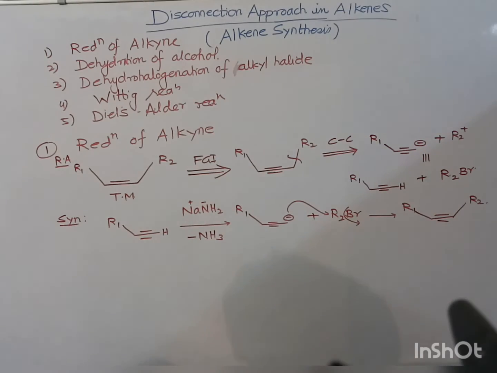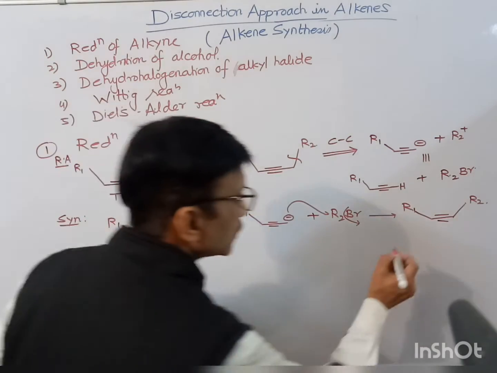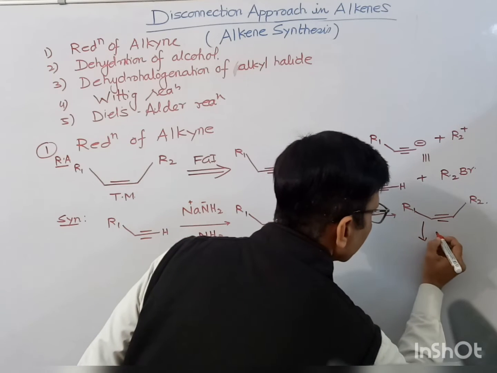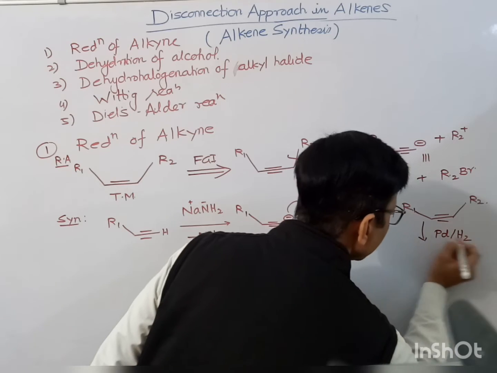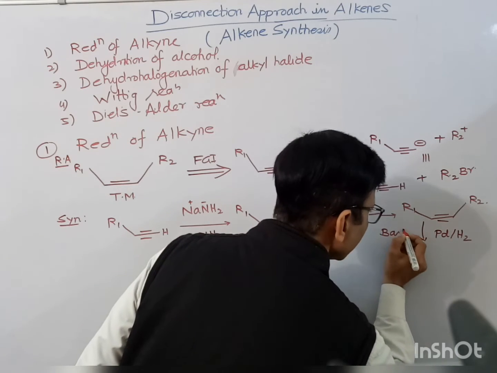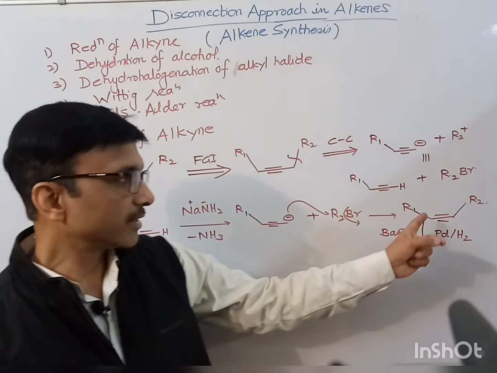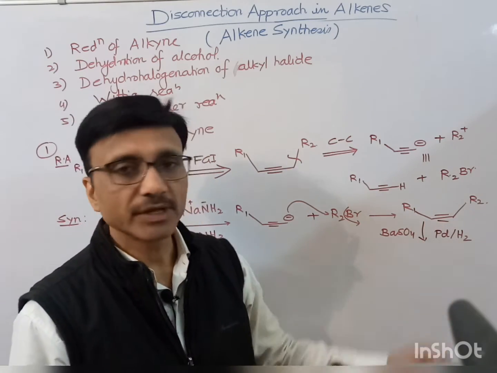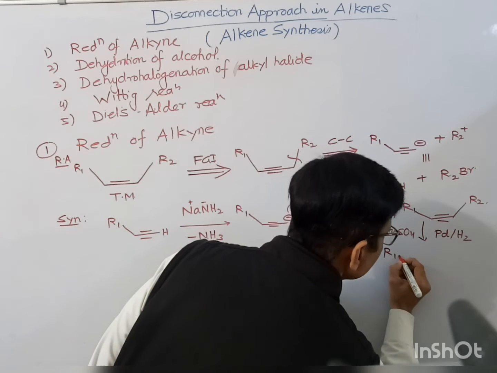this alkyne. Now this alkyne can be converted to the target molecule via reduction in presence of palladium, H2, BaSO4, that is we will use the Lindlar's catalyst here. This Lindlar catalyst will give you the cis alkene.